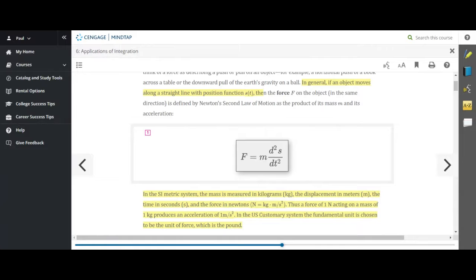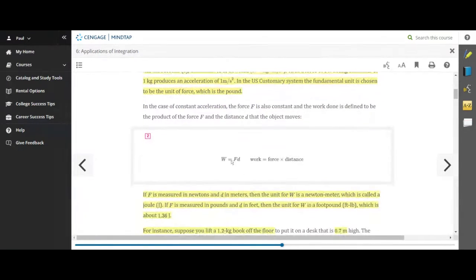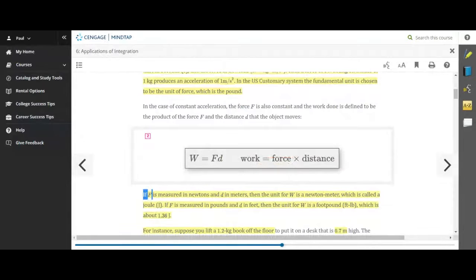And then another unit of force is the pound. That's the US customary system. If you weigh 150 pounds, that's the amount of force it would take to move you. So pounds are units of force. And we are interested definitely here in section 6.6 in computing work.